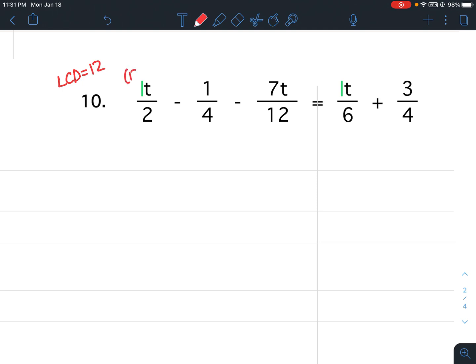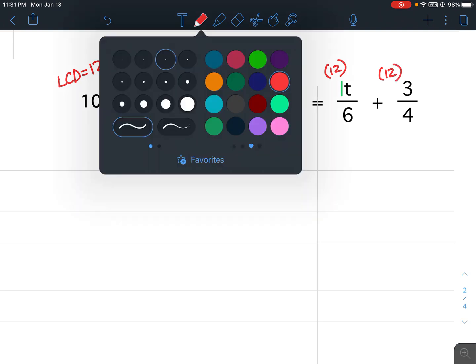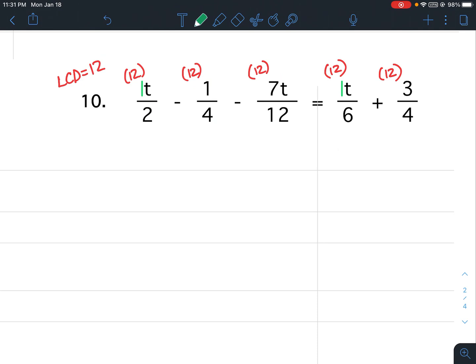So we're going to multiply 1/2 by 12, multiply 1/4 by 12, 7/12 by 12, 1/6 by 12, and 3/4 by 12. All right.